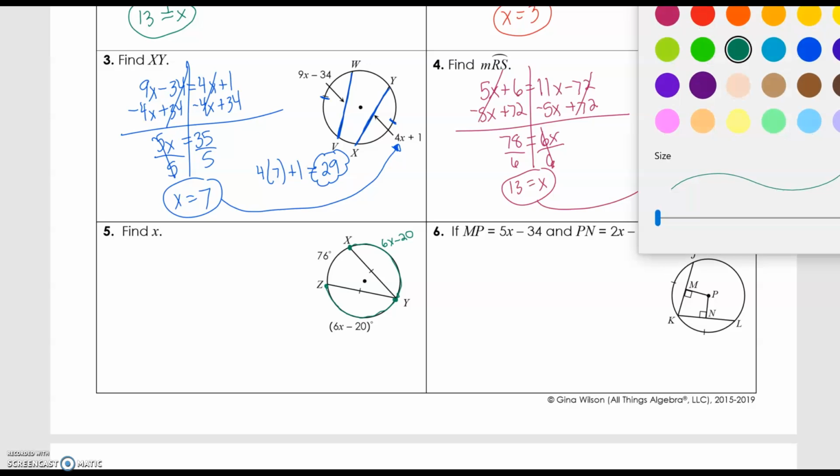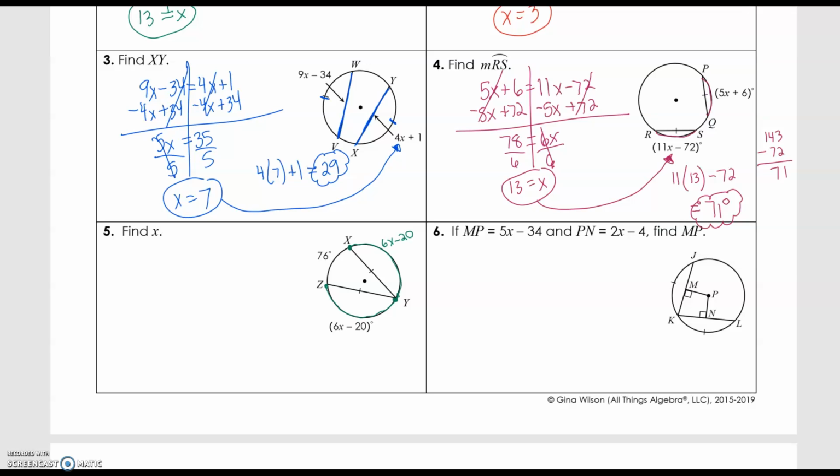And by the way, there are multiple ways to do this. Some people's brains solve this differently, so as long as you get the same answer as me, that's fine. And then I know this arc is 76. So now I have a full circle, and I know full circles equal 360. So 6x minus 20 plus 6x minus 20 equals 360.